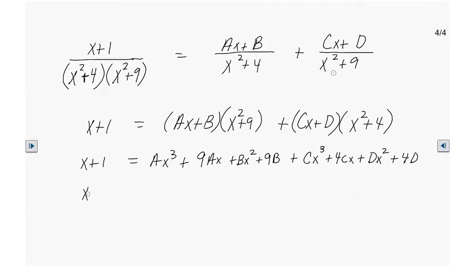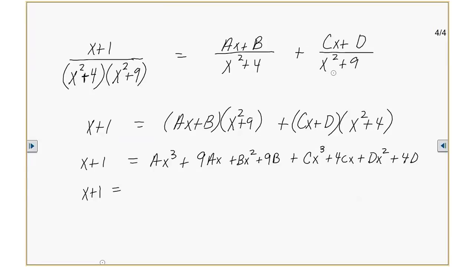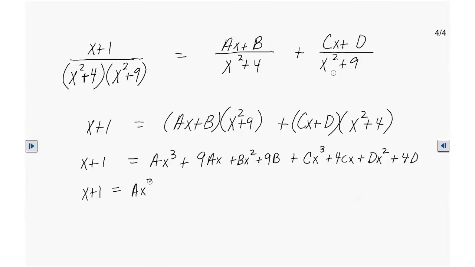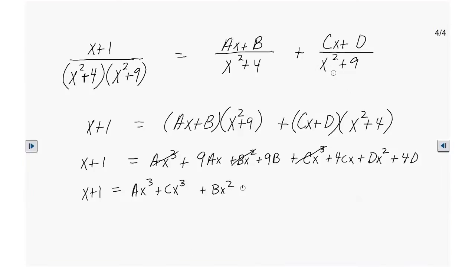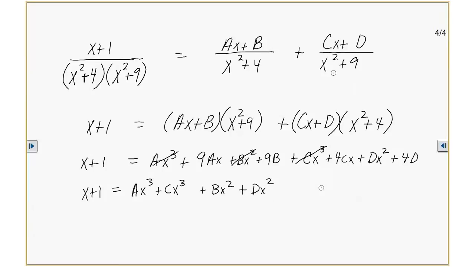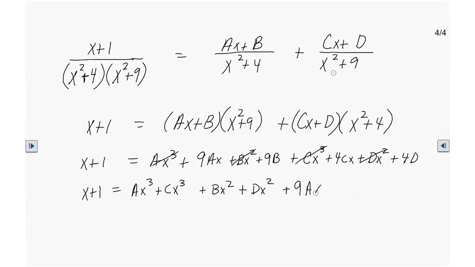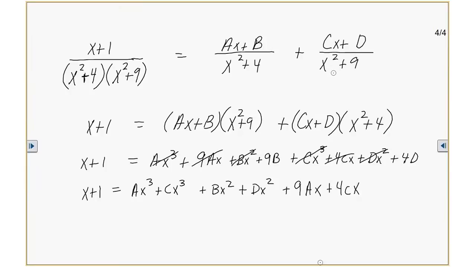X plus 1 is equal to, let's combine our terms, ax cubed plus cx cubed plus bx squared plus dx squared plus 9ax plus 4cx plus 9b plus 4d.